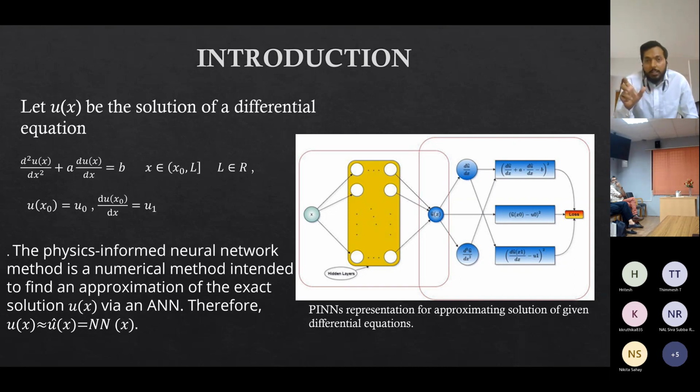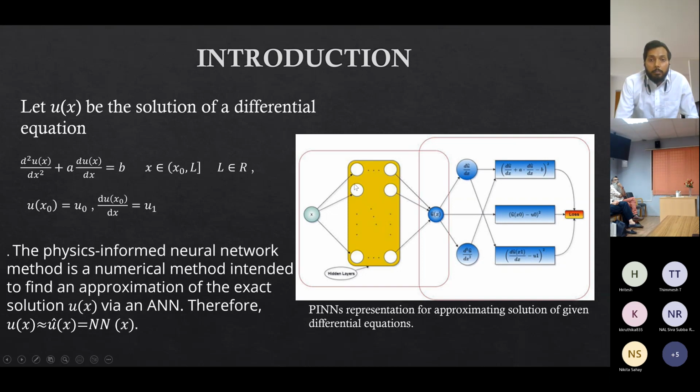By using this technique, we can solve this differential equation, and it will give an approximate solution, which is represented by u hat of x, which is equal to neural network of x. So this is the solution for the differential equations.